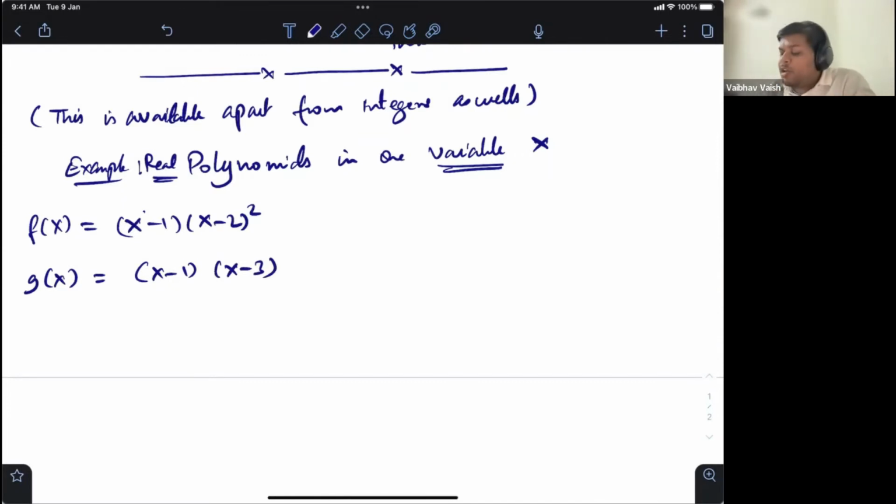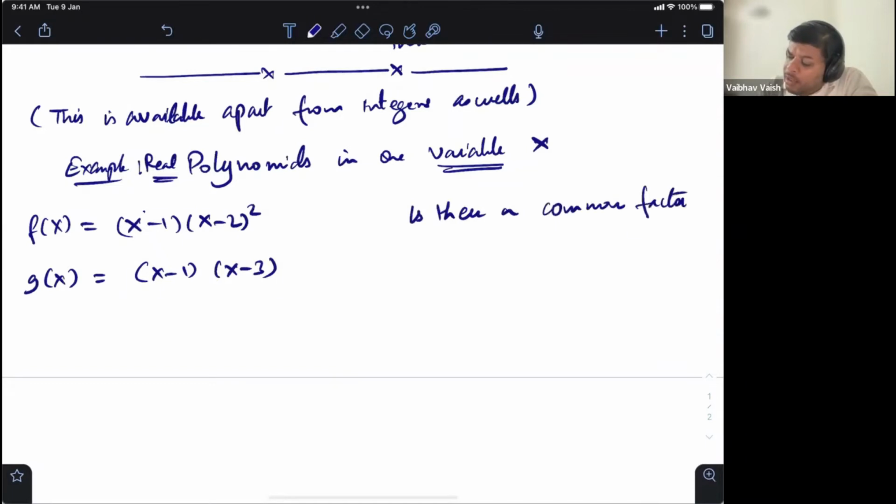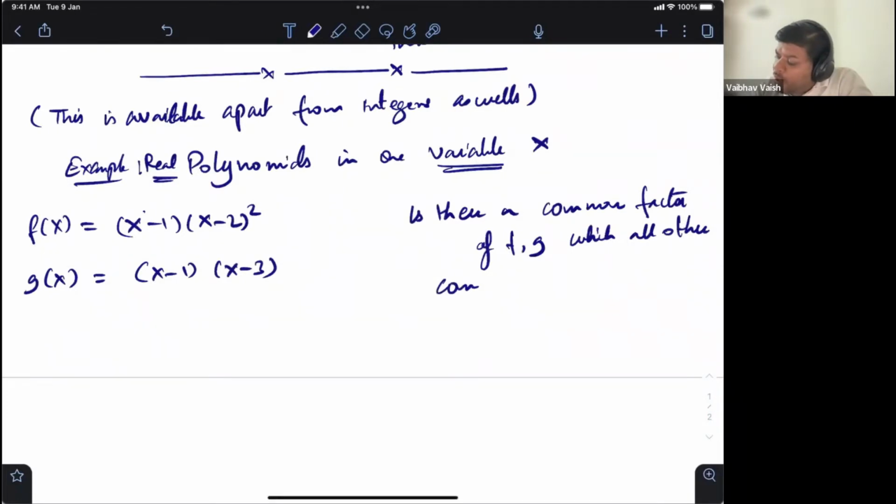Well, there is no measure of size, but you can nevertheless ask, is there a common factor which every other common factor divides? And it turns out that there exists one. Is there a common factor h of f and g which all other common factors h prime divide?